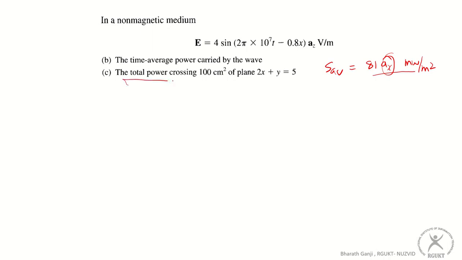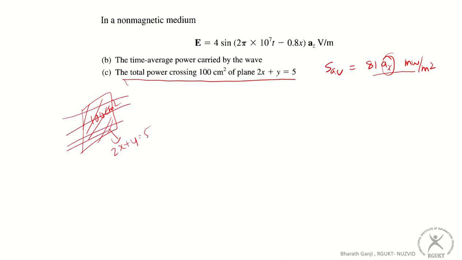So here is a question which asks: if the area is a 100 centimeter square area and this region is 2x plus y equal to 5, how much power is crossing through this region? If S bar is the power density vector, how much watt is going through?